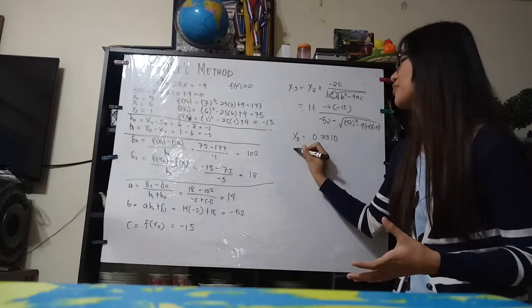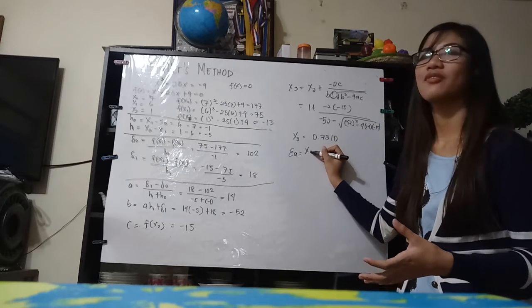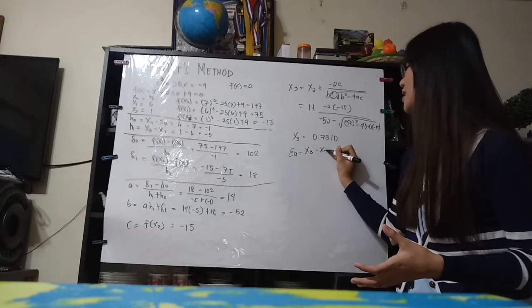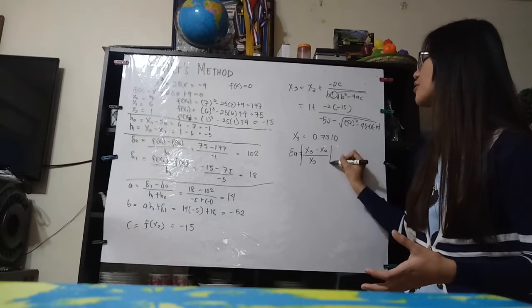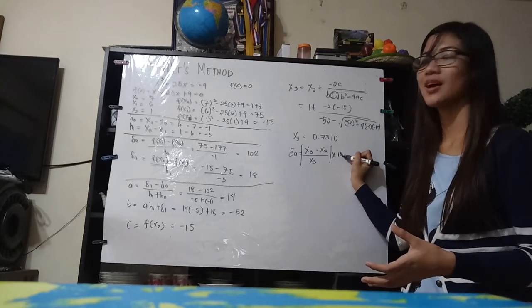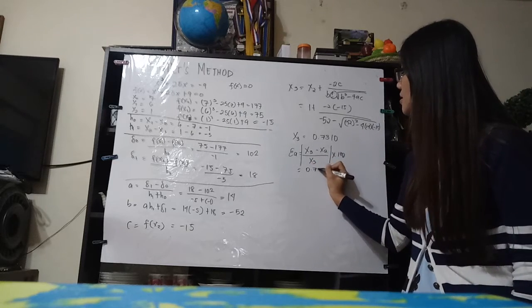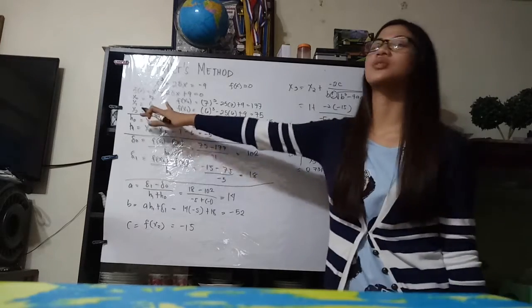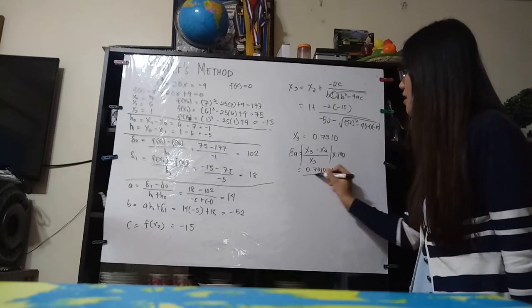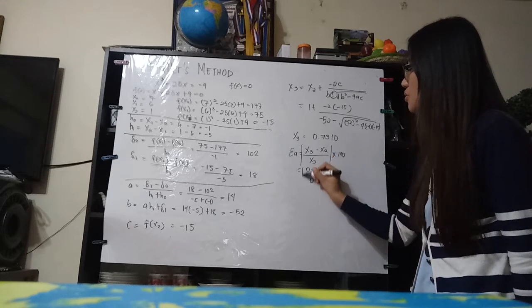Next, in order to check if we are near the real value of our root, we have to check the approximation error, which is the absolute value of x3 minus x2 over x3, multiplied by 100. So this would become 0.7310 minus our value of x2, which is 1 here, divided by 0.7310.